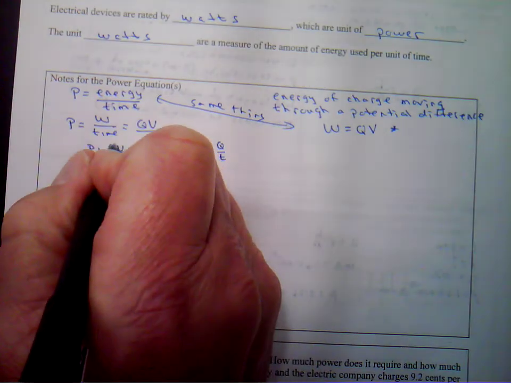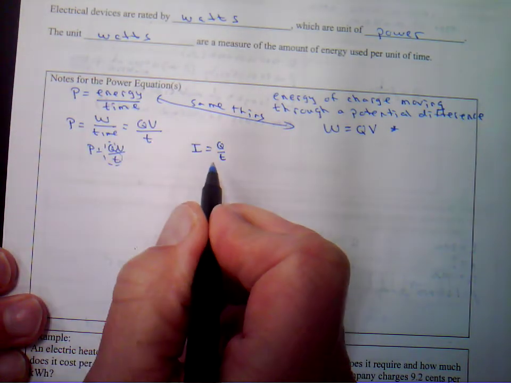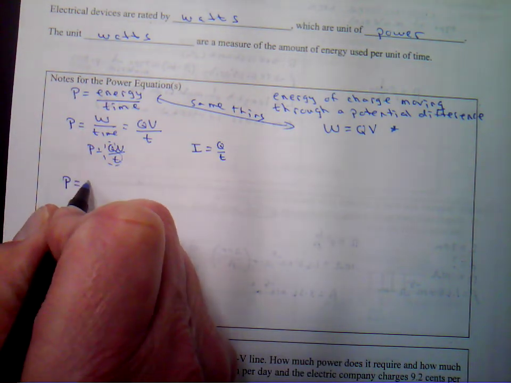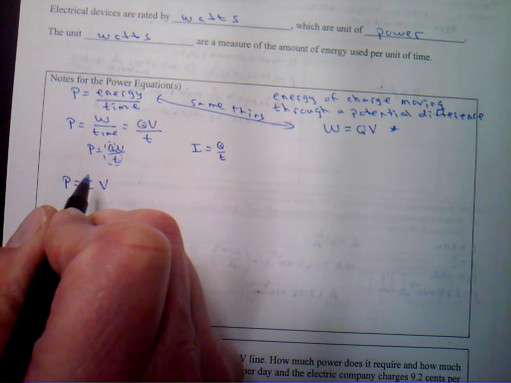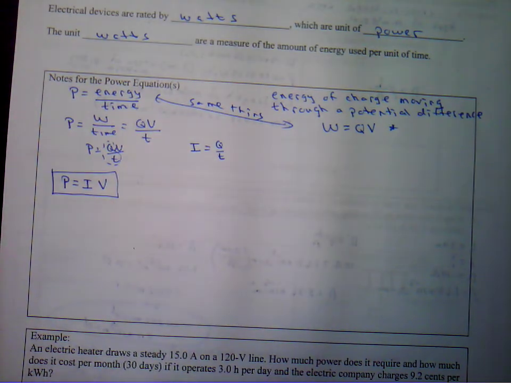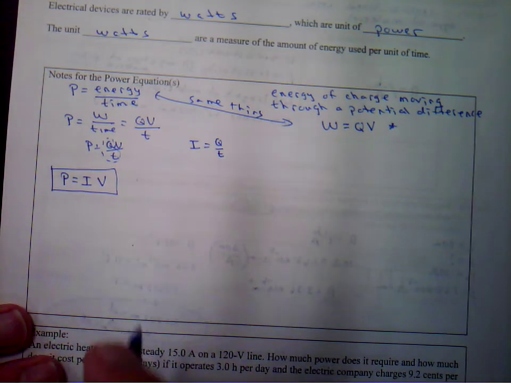So this quantity right here, Q over T, is the same thing as current. So we can write power equals current times voltage. This is one form of a power equation. There are actually a couple other forms of power equation. We're going to derive those right now.